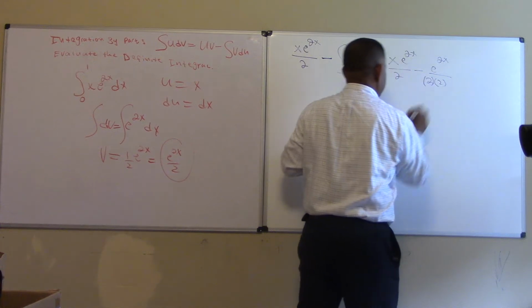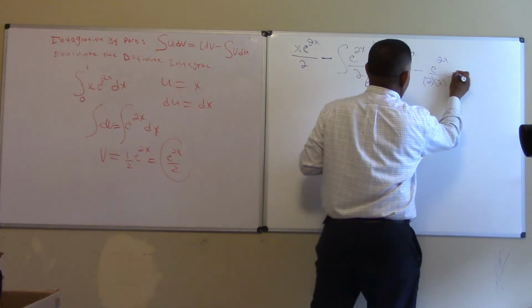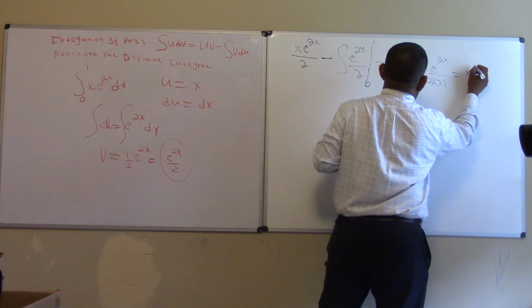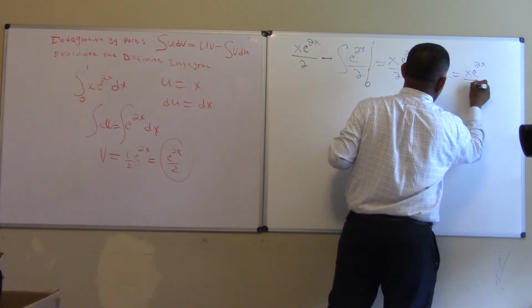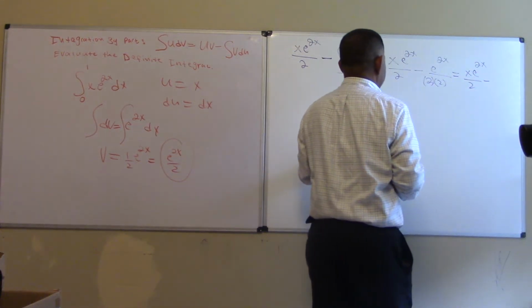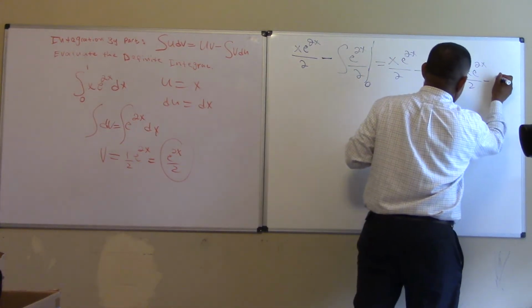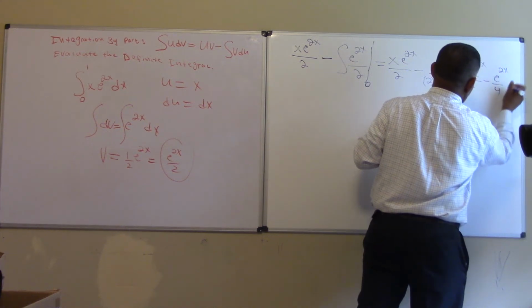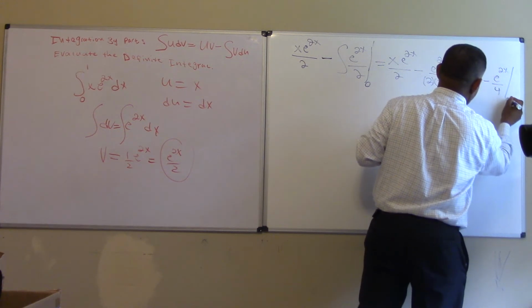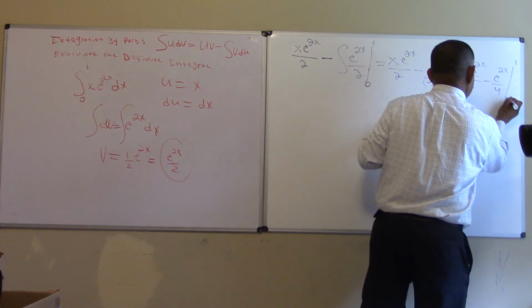Which becomes x times e to the 2x over 2 minus e to the 2x over 4, evaluated from 0 to 1.